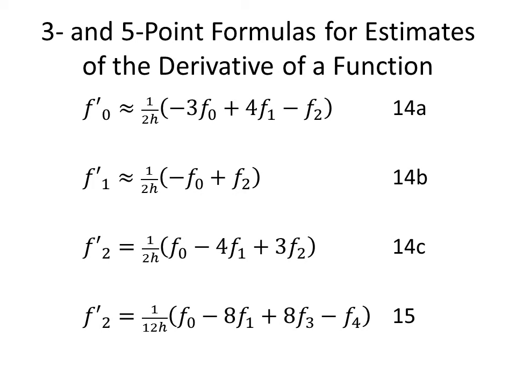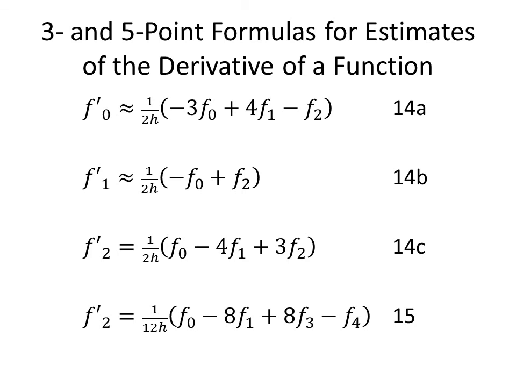But sometimes we'll need to do unusual things like I've shown in 14a and 14c. These are one-sided estimates. If you have a string of x's and f's that you know, you will be able to use a midpoint formula like 14 point B at all of the interior points. But at the left side of your series of points and at the right side, you need a different formula.